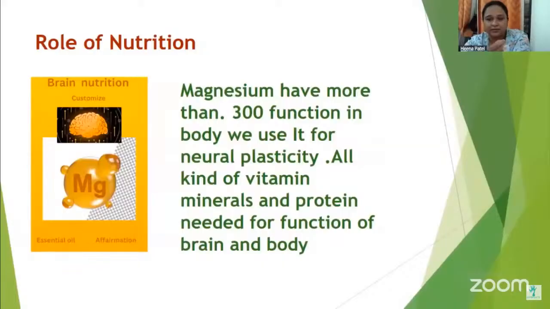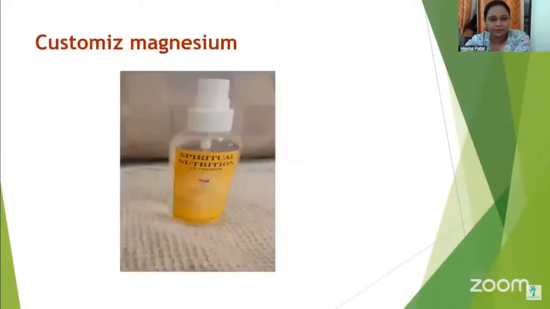So we need to understand the importance of nutrition, and all kinds of vitamins, minerals, and protein are needed for the function of brain and body. This is the magnesium we have designed. If we need it in a child, we check it and then we provide it, so it's easy for us. At the physical level, neural plasticity is maintained.